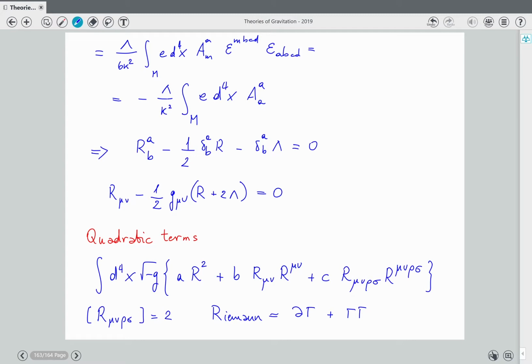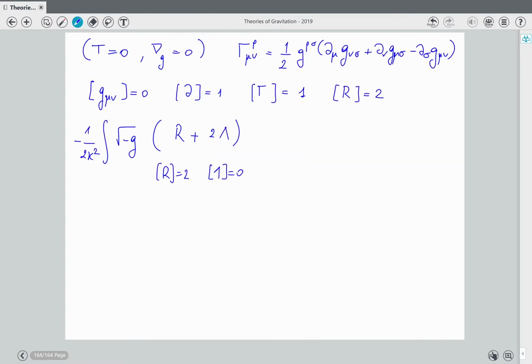If you want, you can add further terms which are cubic. So let's say R squared has dimension 4. Cubic terms could also be, actually these are quadratic, R box R for example, but R has dimension 2, box has dimension 2, R has dimension 2.